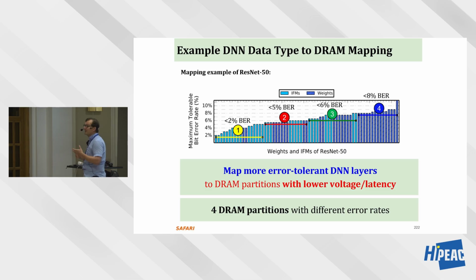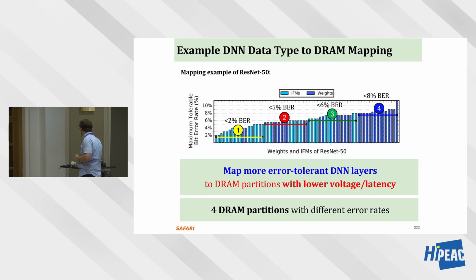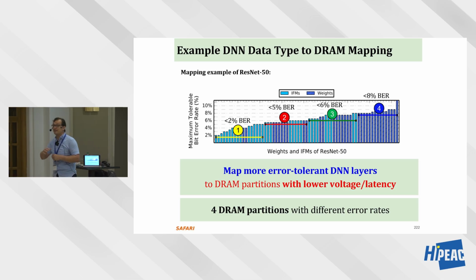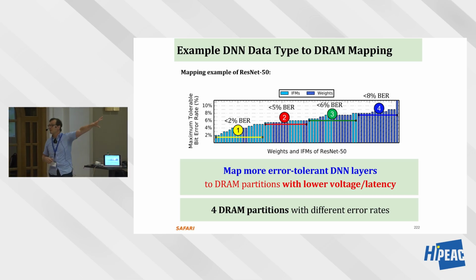The idea is to identify these layers somehow. You can do this through profiling and map more error tolerant DNN layers to DRAM partitions with lower voltage and latency. In this particular work we did one example for DRAM partitions with different error rates. You can see that these are the bit error rates. And you can actually design your DRAM to be customized to provide that error rate.